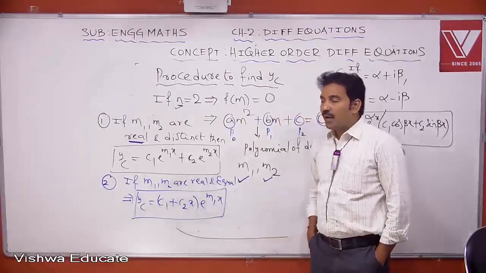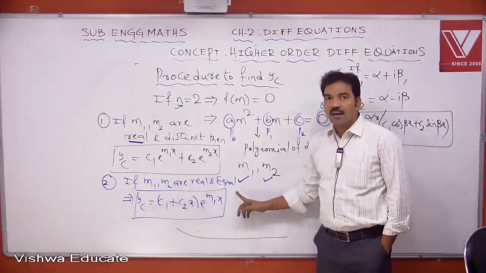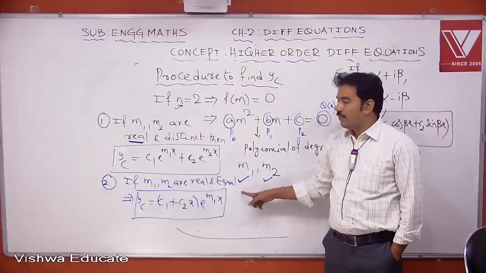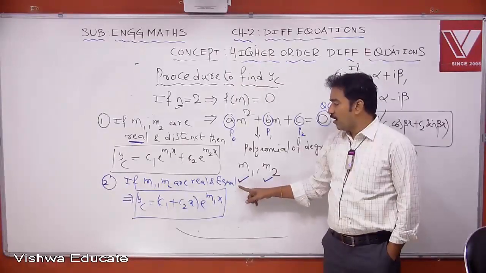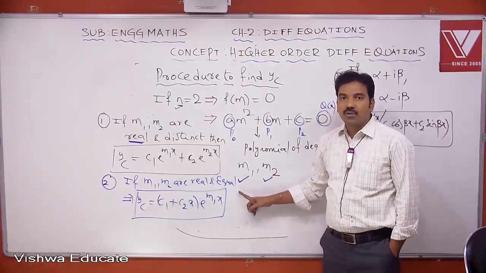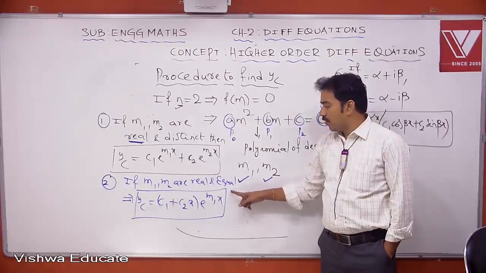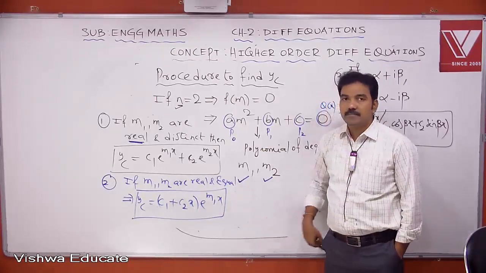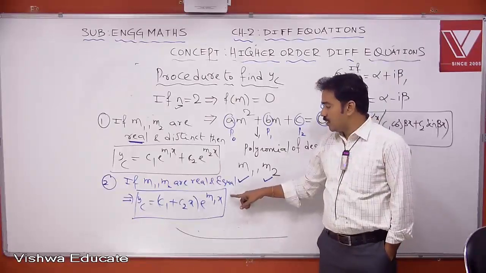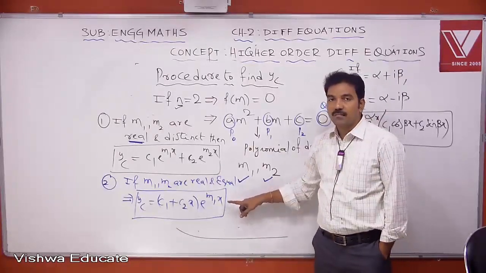If m1, m2 are real and equal, then yc equals c1 plus c2x into e power m1x.